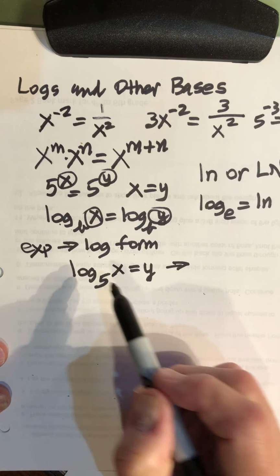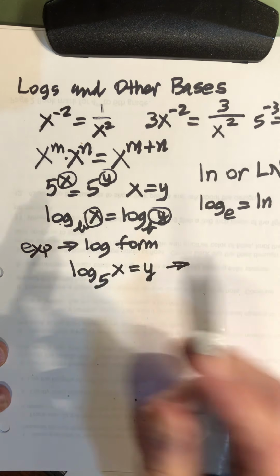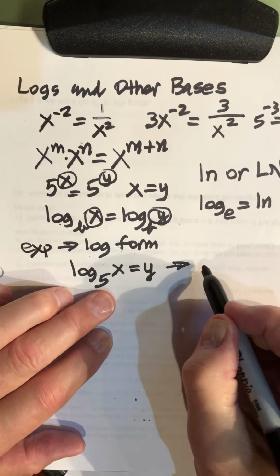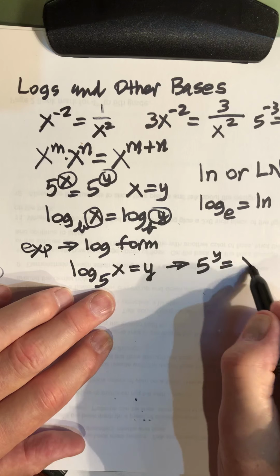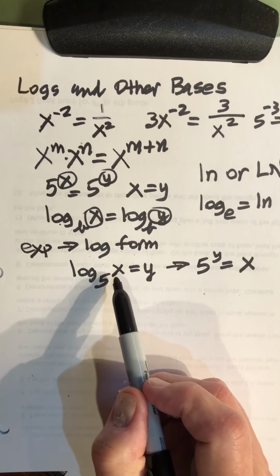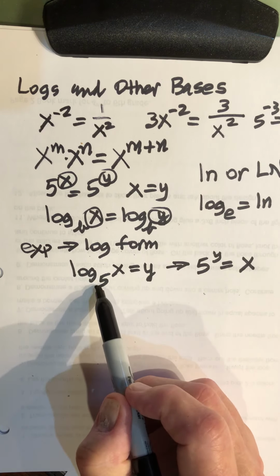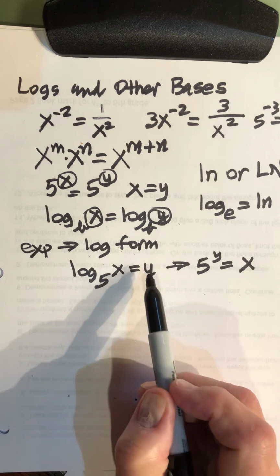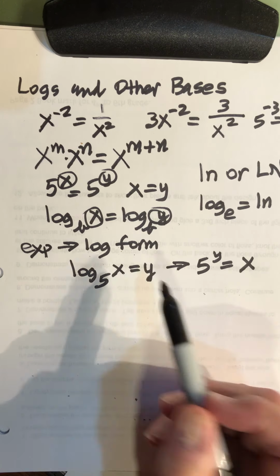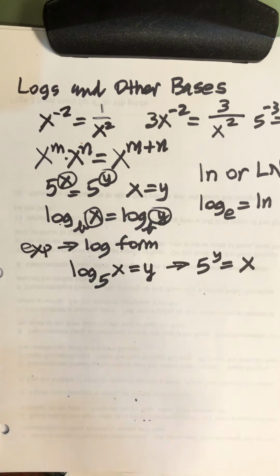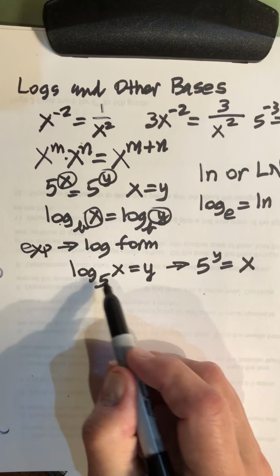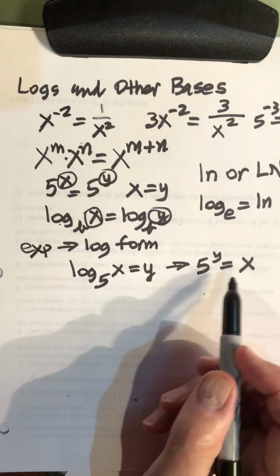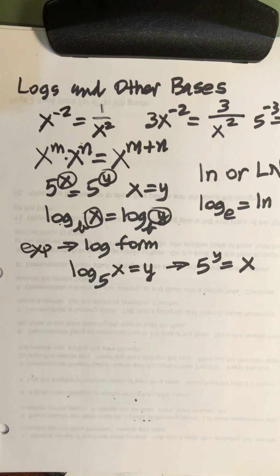We know that logs are exponents. We know that the base is 5, so this is 5 to the y, and that equals the argument. Do you remember? This is the base, this is the argument, and this is the exponent out here. So when we convert, that's how it's done. This is the exponential form with the exponent, and this is the log form. These are the same thing in two different forms.